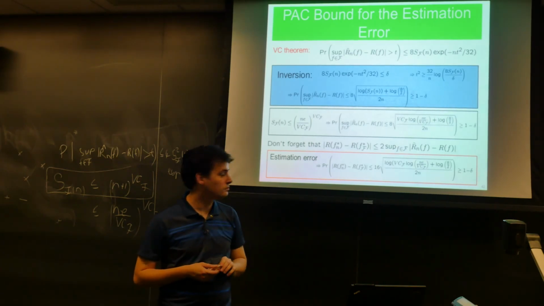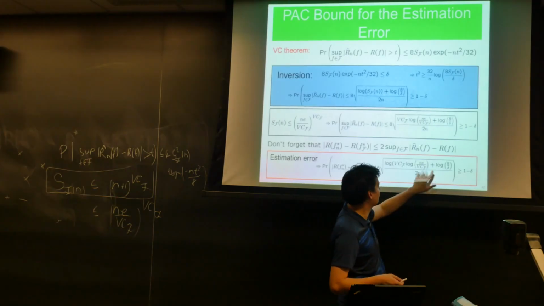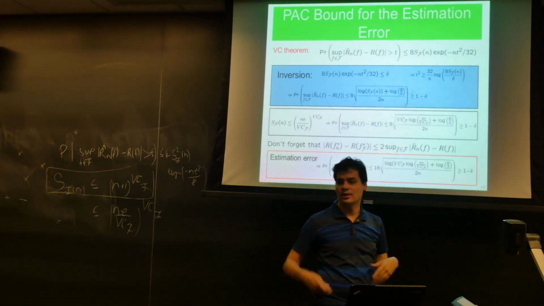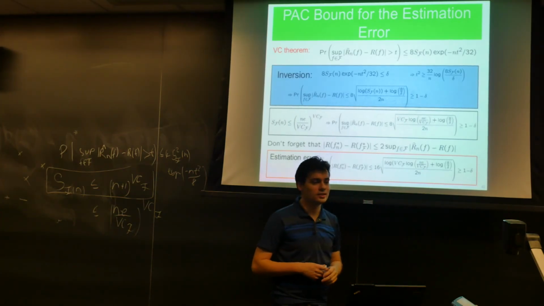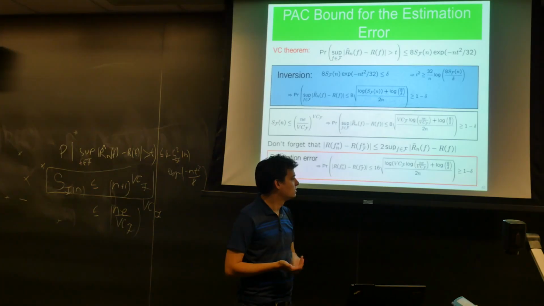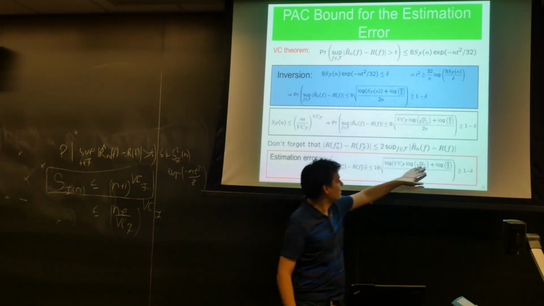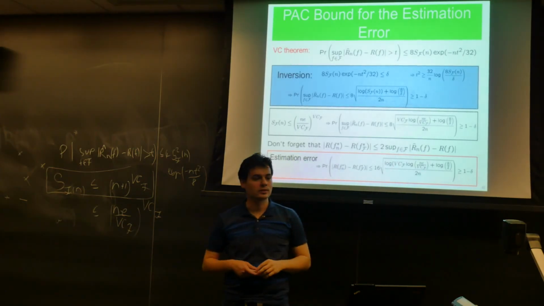Is there a log in there or something? Yeah. But that's not very important. They are small. In n, these are constants except this log n. So it's log n divided by square root of n.